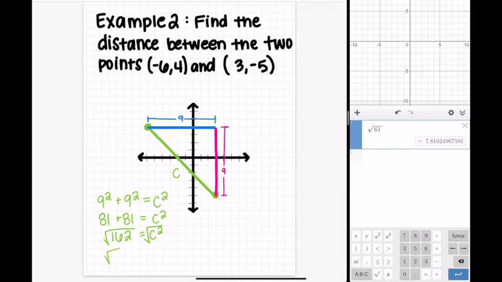So the square root of 162 is C. So over in Desmos, we can approximate the square root of 162. That's about 12.7.